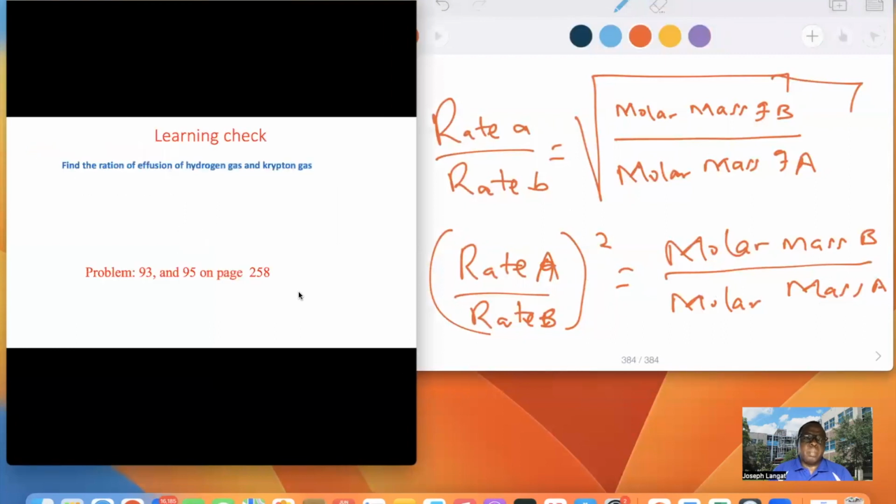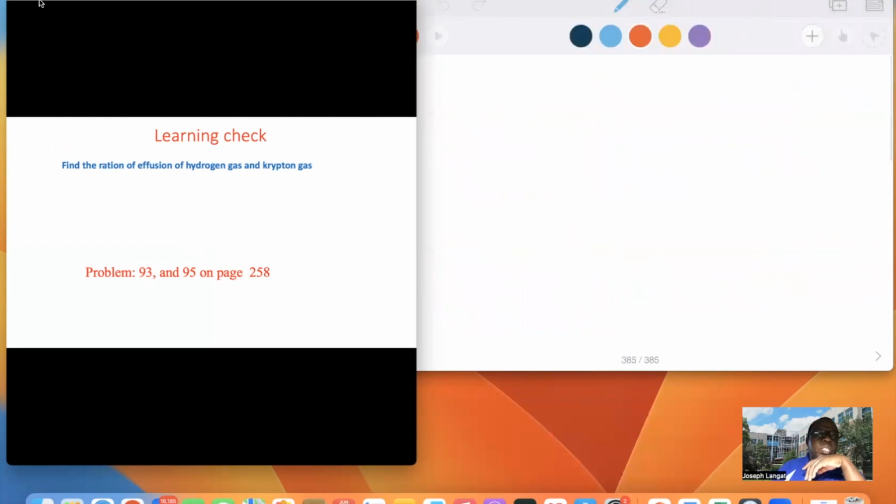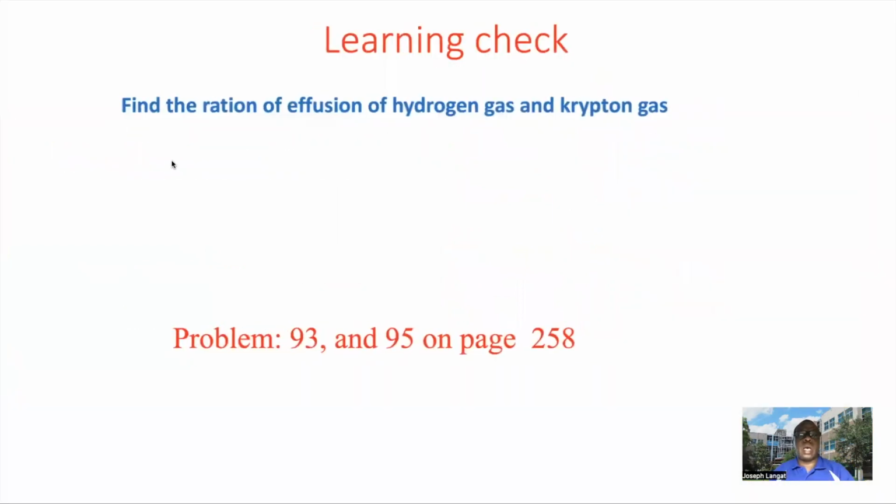We'll see one example. Here is the learning check using Graham's law. This is what you expect in the exam. Find the ratio of effusion of hydrogen gas and krypton gas.